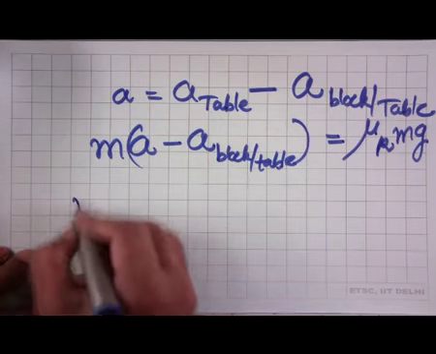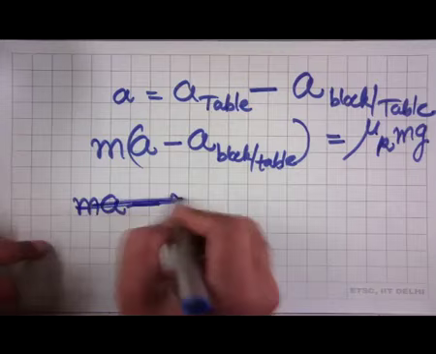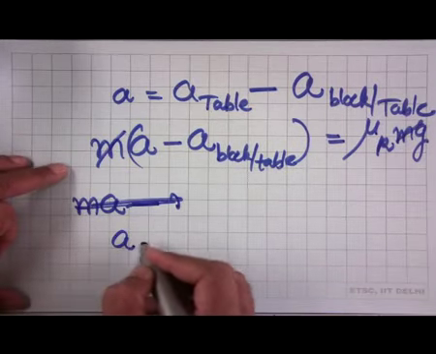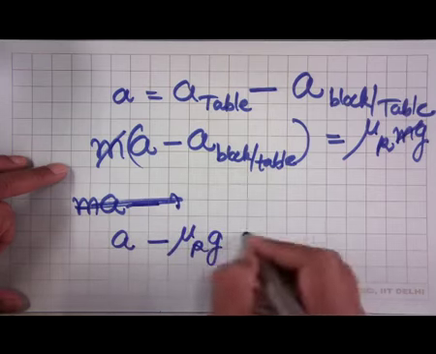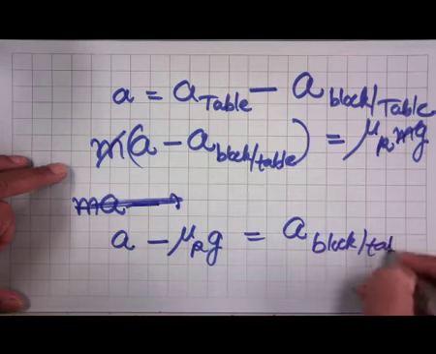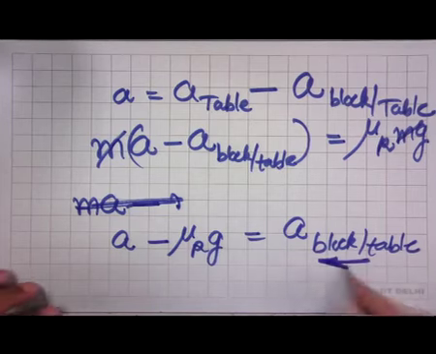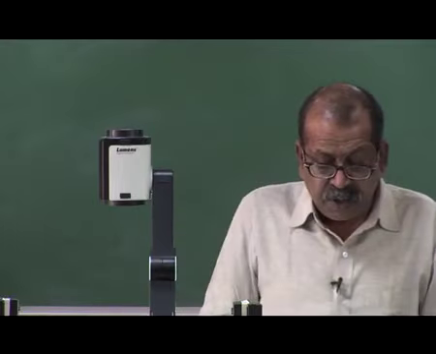So, m A minus m, so m will cancel out from all these. So, what we will get is acceleration minus mu k times g will be equal to acceleration of the block with respect to the table, and this will be of course in the minus i direction. So, this is how we can work these problems.